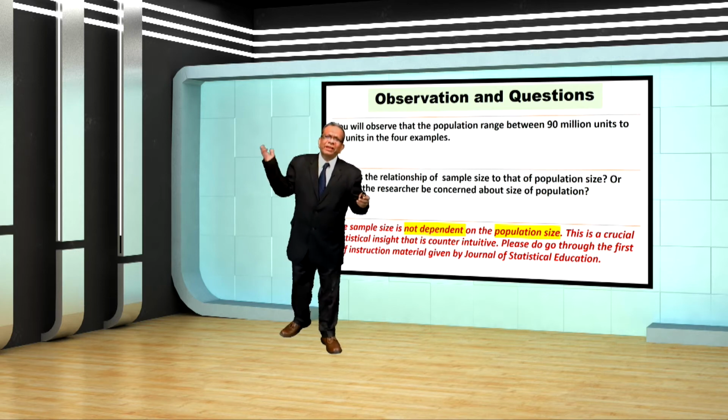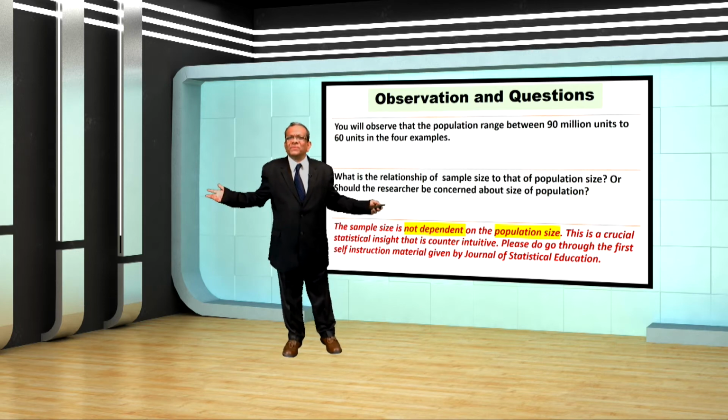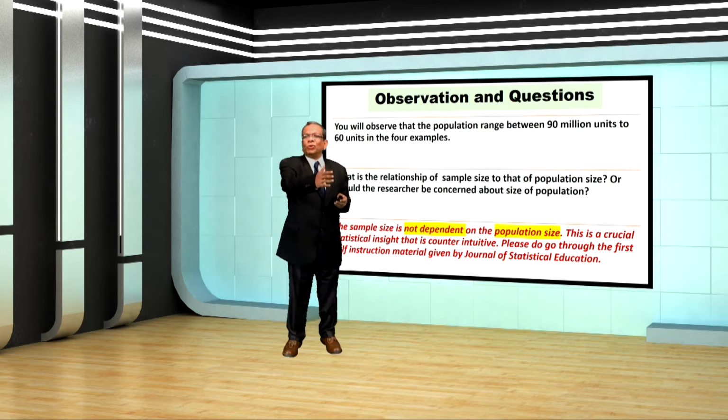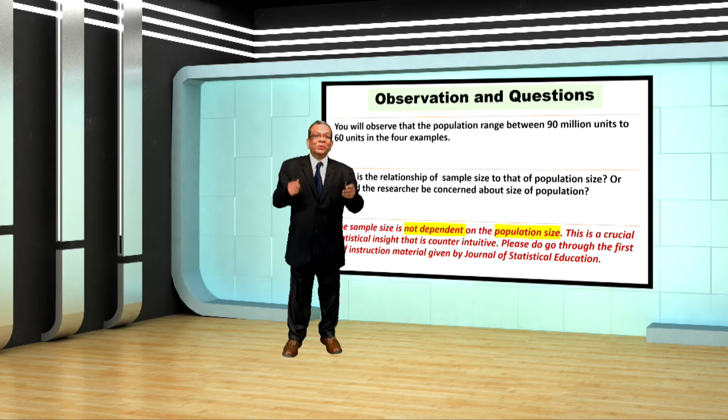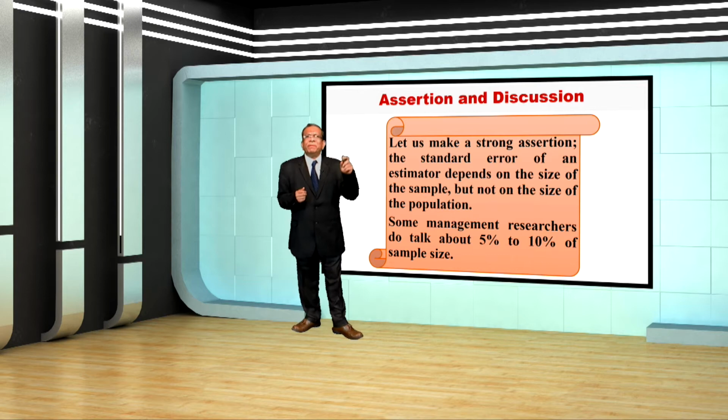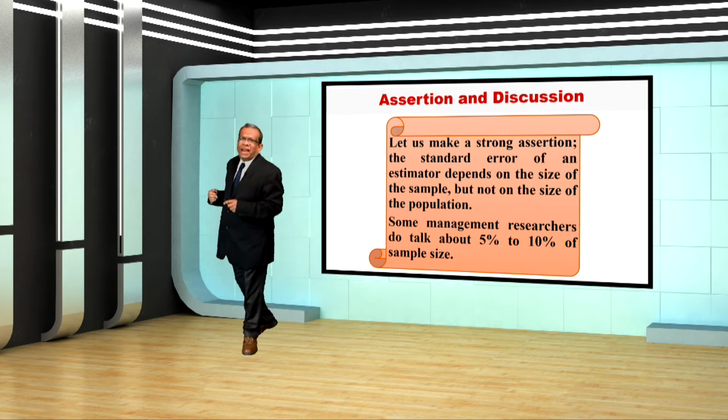You might be wondering why, how can I take 5,000 or 6,000 samples about India and come to a conclusion that X party or Y party is going to win? Yes, statistics are likely to help you in this regard. Now, let me make an assertion. Let us make a strong assertion.